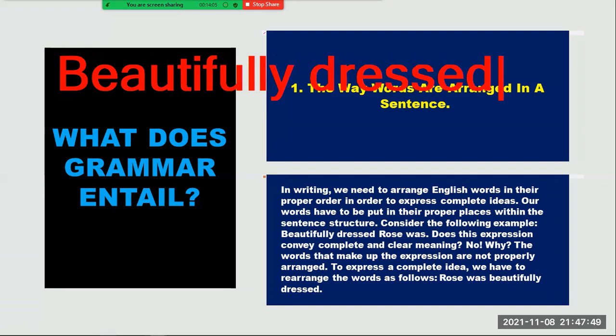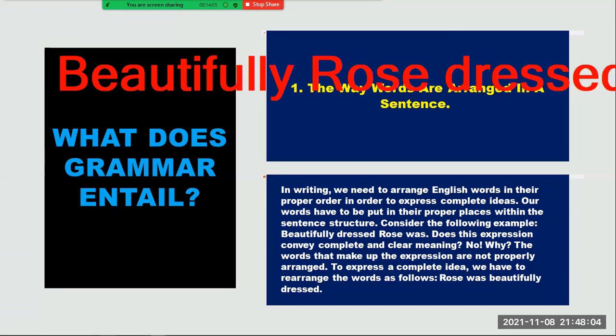Beautifully dressed, or let's say, beautifully Rose dressed was. Now, does this really make sense? This expression doesn't really make sense.